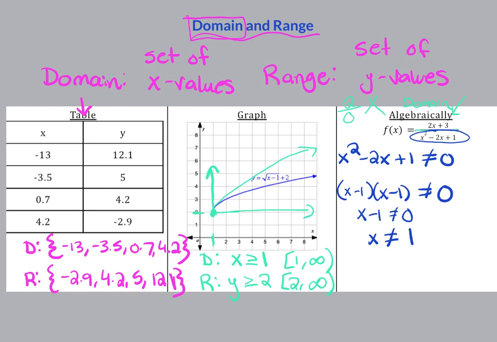So two ways to write this. I could say it's all real numbers except x can't equal 1. Or if I'm doing interval notation, I could say from negative infinity to 1, and then also from 1 to positive infinity.